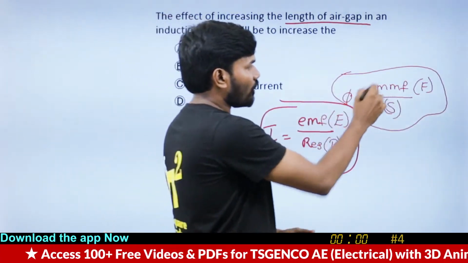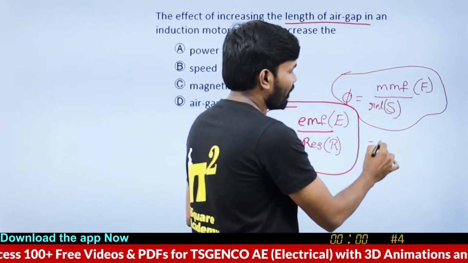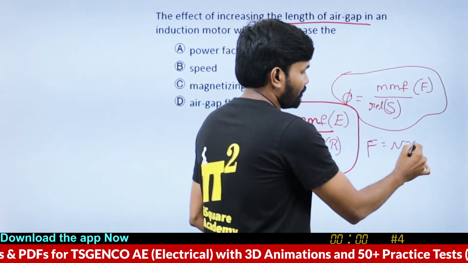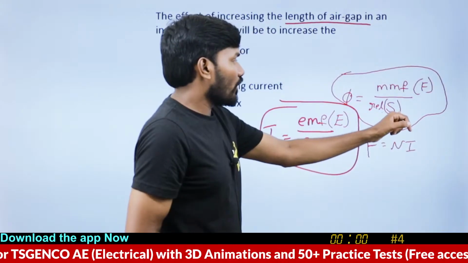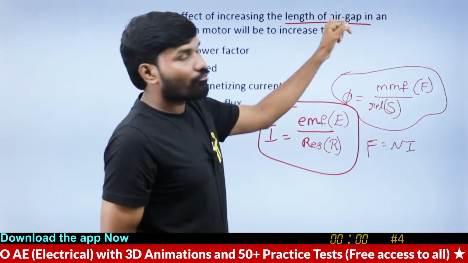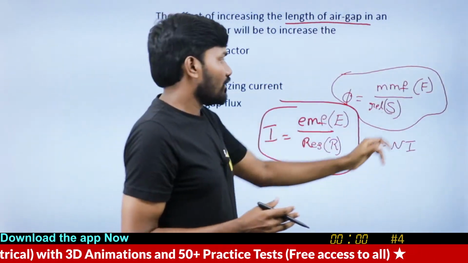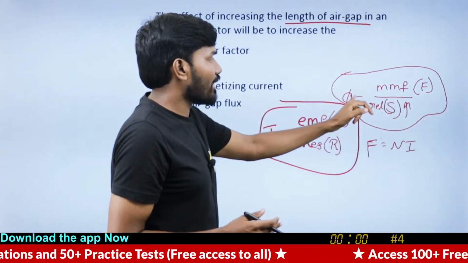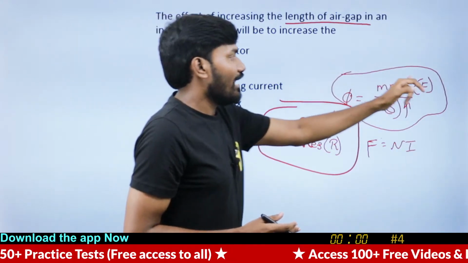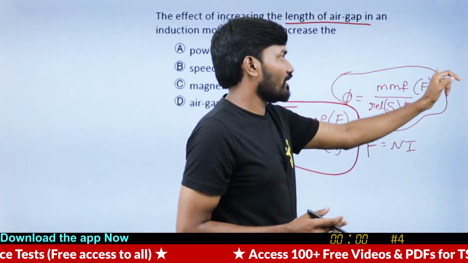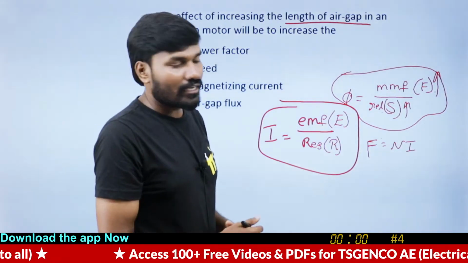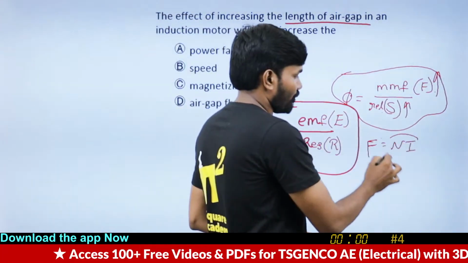So now, according to this magnetic Ohm's law, MMF F is equal to N into I. So if length of air gap is increasing, reluctance increases. So to have the same flux, MMF has to increase. For the MMF to increase, you have two options.